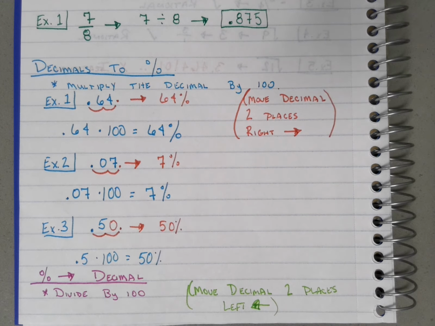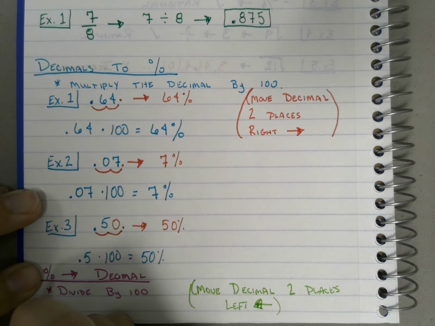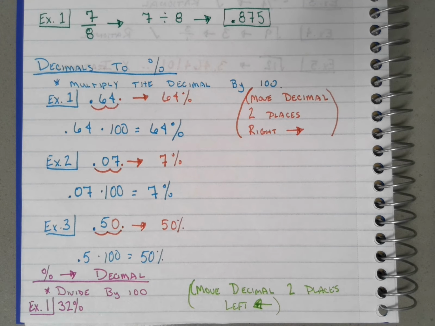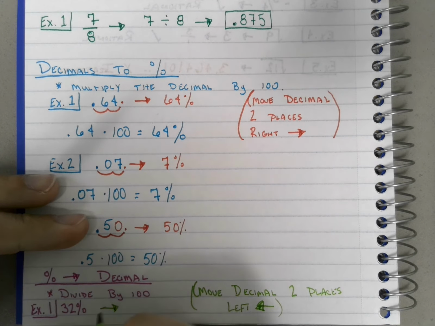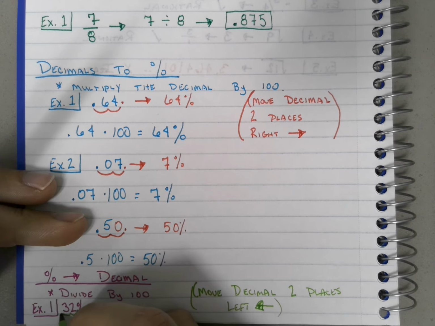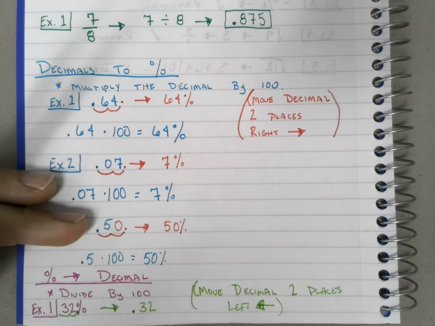All right, so we'll do an example here. So let's say 32%. We want to convert that to a decimal. Okay, if I move it 2 places left, the decimal is on the outside. It's between your last number and your percent. We'll go 1, 2, and that's going to give me 0.32.